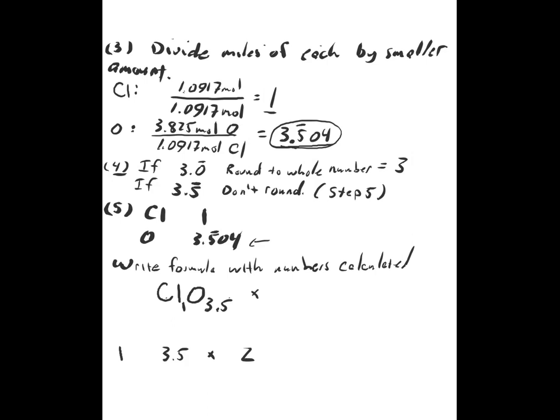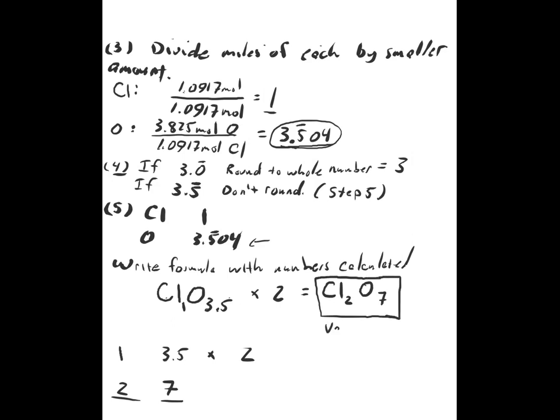Well, 1 times 2 is 2, so that's a whole number. 3.5 times 2 is 7. So if you multiply them both by 2, you now have 2 whole numbers. And that's what we're going to do. We're going to multiply each of them by 2. So you get Cl2. 3.5 times 2 is 7. So now you have O7. Now we have a valid chemical formula.